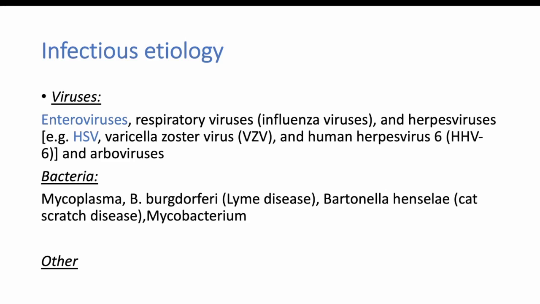For enterovirus, usually it's self-limited and not associated with a high mortality rate. So the most common is enteroviruses. Also, influenza can cause encephalitis, herpes, especially herpes simplex virus 1, and other viruses like arboviruses.